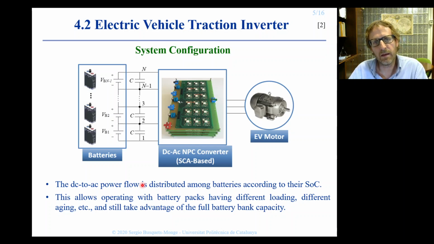And the nice thing of this configuration is that now we can control the power flow from each battery pack to the motor so that we can adjust the rate at which we discharge each battery pack. This way we will be able to achieve a lossless state of charge balancing control of the battery bank.